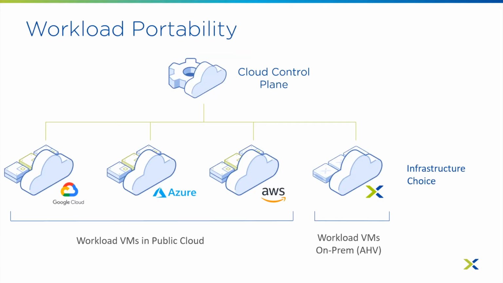That gives you your choice of infrastructure, but with a single pane of glass of software, no workload refactoring, using all the same tools you're used to for administrating your Citrix deployments.